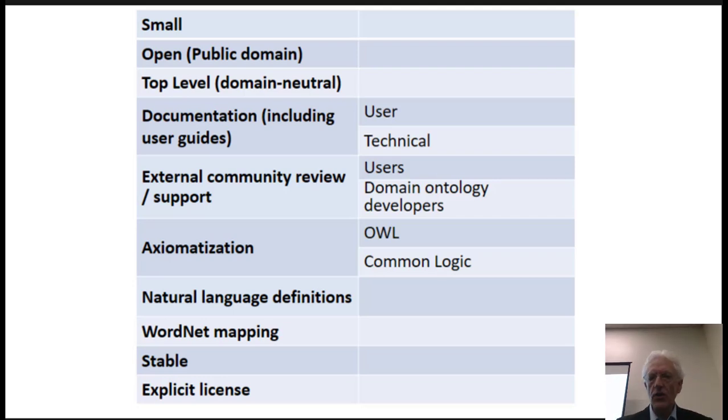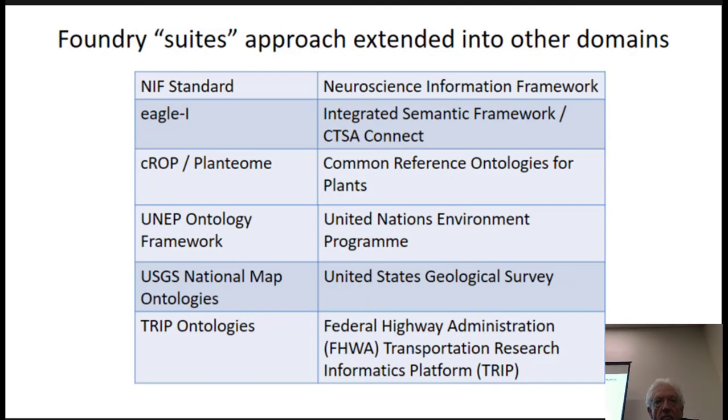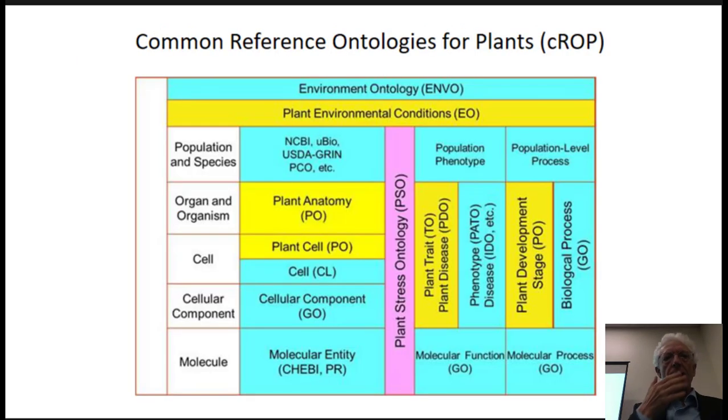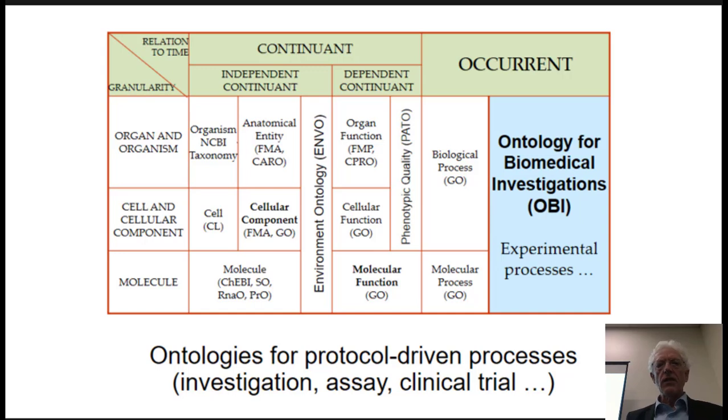Okay, so the idea of the OBO Foundry has not only been adopted by the IOF, it's also been taken up by various other biological communities. The United Nations Environment Program, the USGS, Federal Highway Administration. So this is the Common Reference Ontologies for plants or crop. This is the OB ontology, which I mentioned earlier.